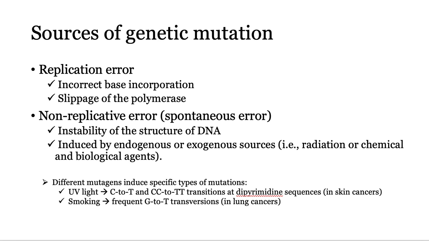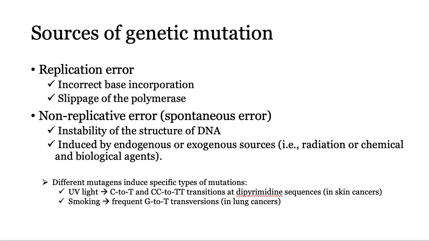Smoking can introduce G to T transversion, and this kind of mutation is frequently observed in lung cancers. So if we get samples from different patients and look at their mutation signatures, we can infer what the major environmental factors were that triggered the mutations.